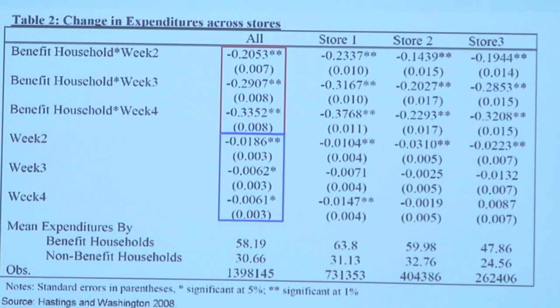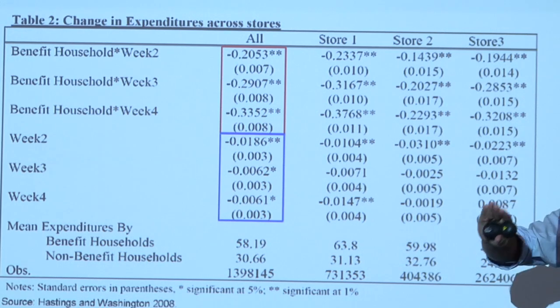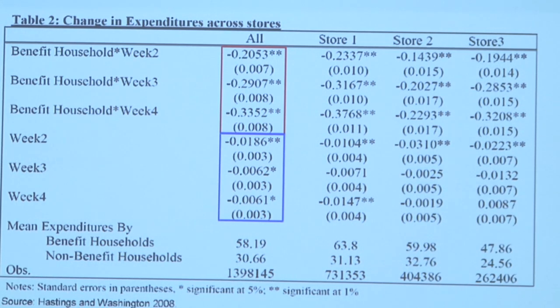So that fact was actually known from prior work, that there's a huge drop in demand for food stamps recipients. So benefit household is an indicator for using food stamps. Now what the blue box shows you is just the week dummies for non-benefit households, right? So this is the same trend for people who are not using food stamps, and you see this thing is almost perfectly flat.